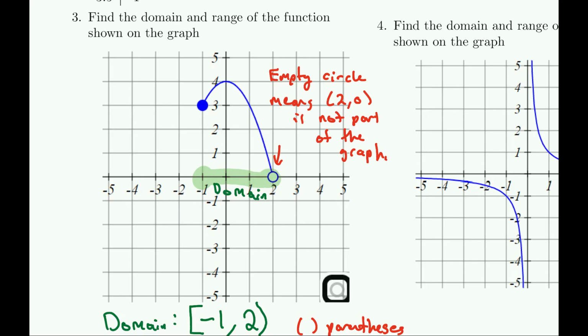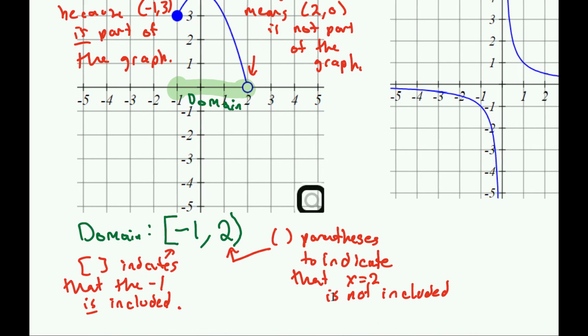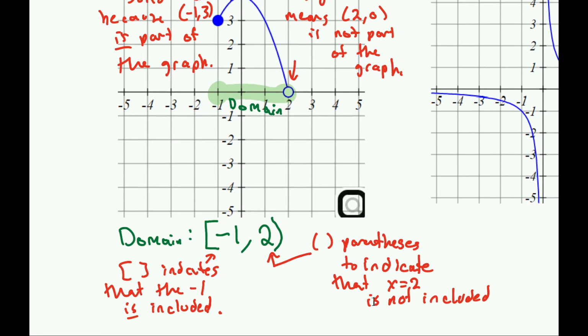So this point is a solid dot, because that point, which is -1, 3, is part of the graph. So hopefully that makes sense. So that's your domain. All of the values from -1 up to 2, but we don't include the 2 because of that empty circle.